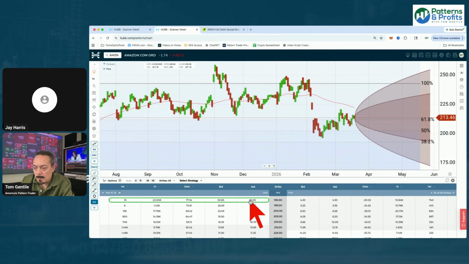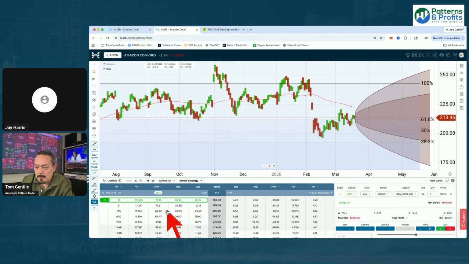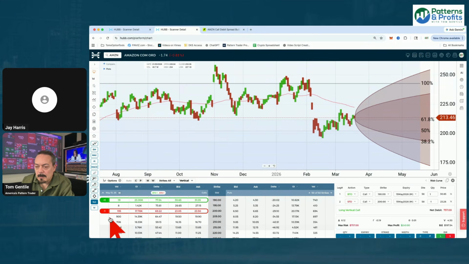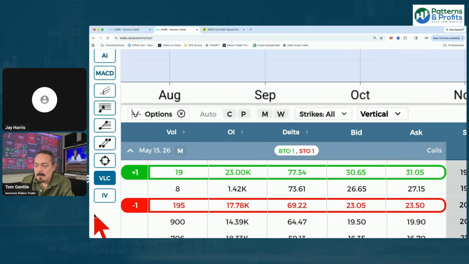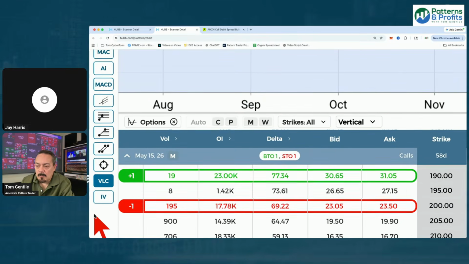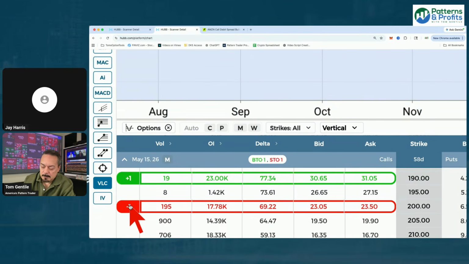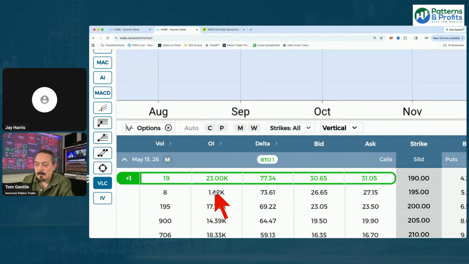So remember, I'm clicking on the ask to be the buyer. I'm clicking on the bid to be the seller. So here's my 200s. And now I've created that in-the-money spread, but that's not what I want to do. What I want to do is look at selling the 200s in a different month.